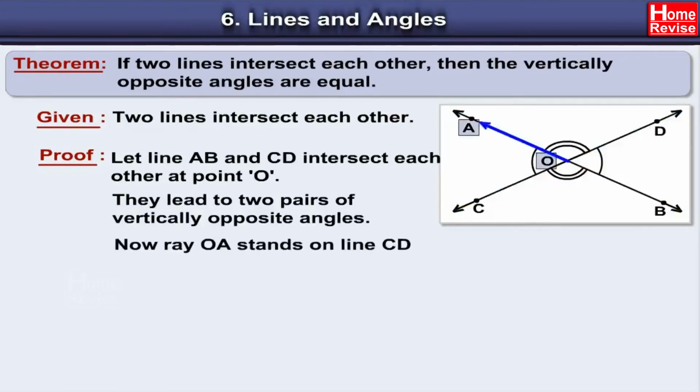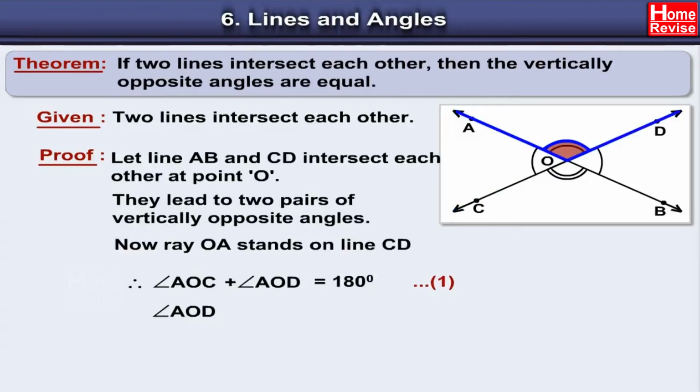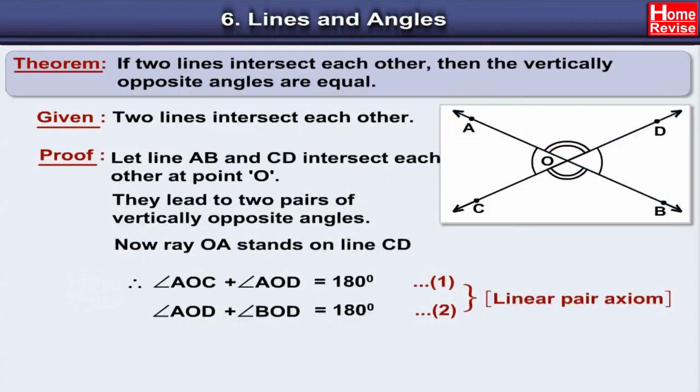Now, ray OA stands on line CD. Therefore, angle AOC plus angle AOD is equal to 180 degrees (1). And angle AOD plus angle BOD is equal to 180 degrees (2), by the linear pair axiom.